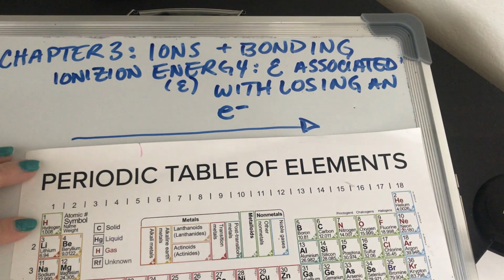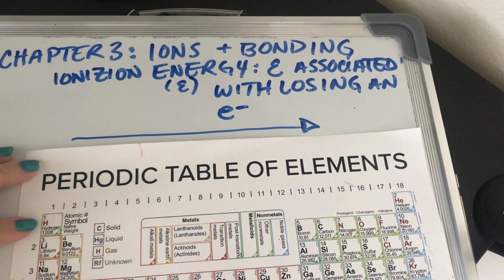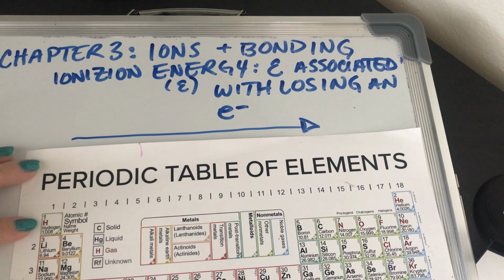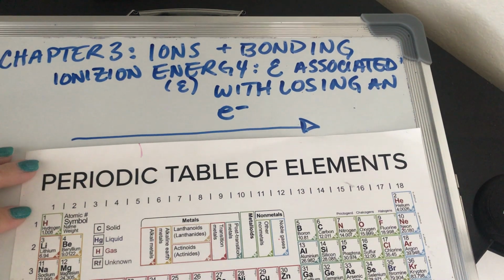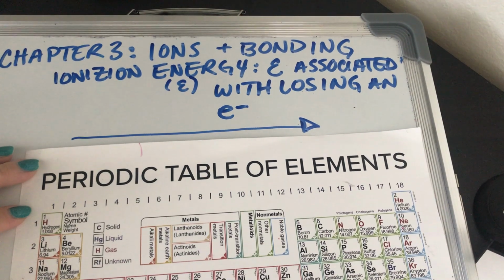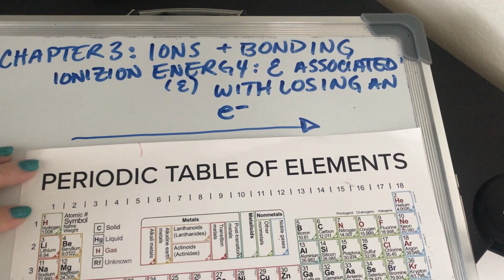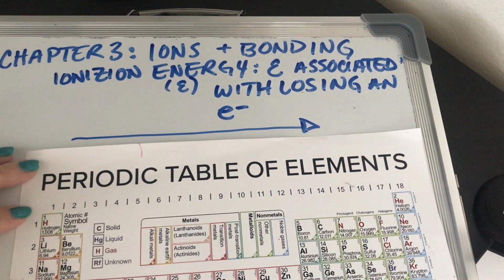But just knowing what you know about the metals being on this side and the nonmetals being on the other side, that makes sense, right? So as we go across the periodic table, they're actually holding on to their electrons more tightly. What does that mean is happening to the ionization energy? It increases, right?